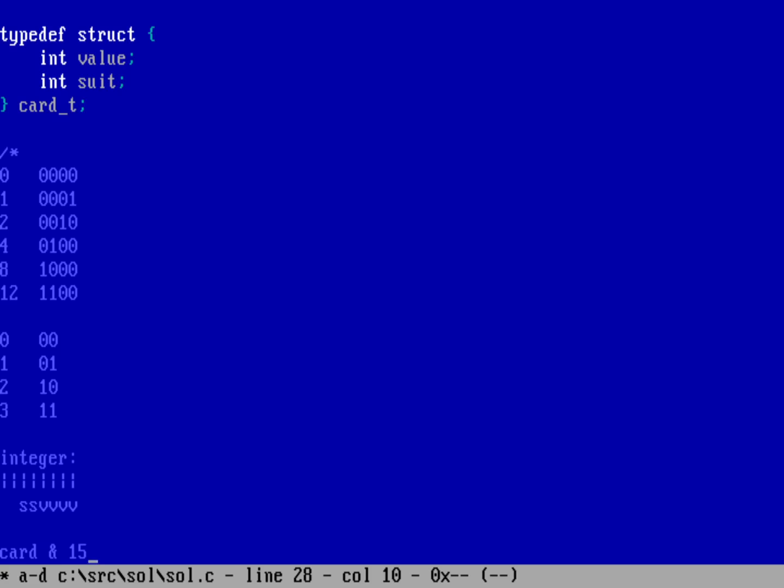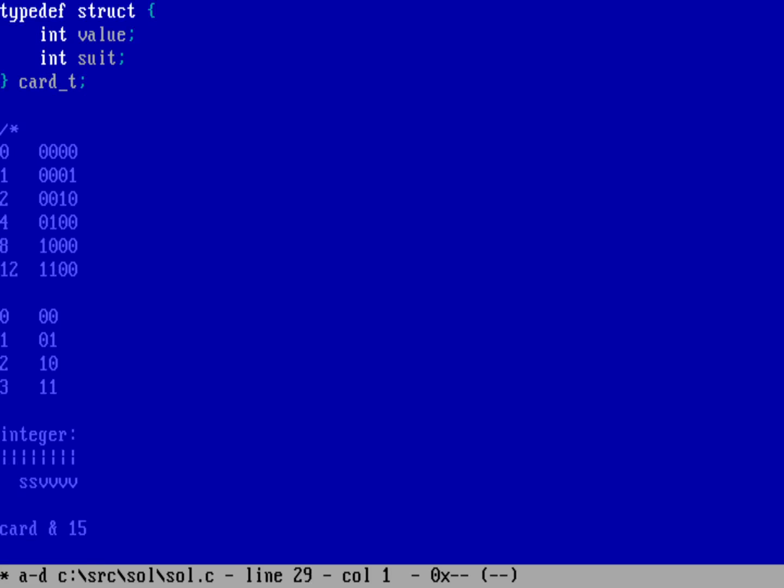It's going to be 4 zeros up front, but then 8 plus 4, that's 12, plus 2, which is 14, plus 1, which is now 15. So card AND 15 would allow me to just pop off the value there.